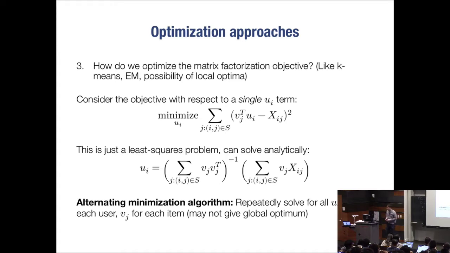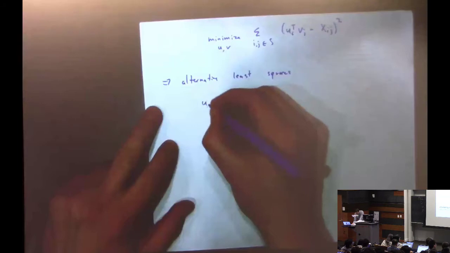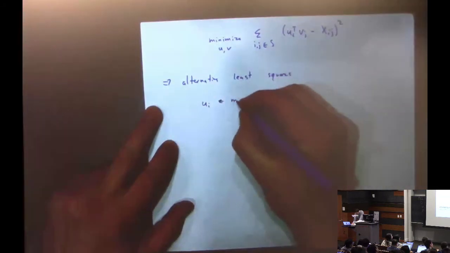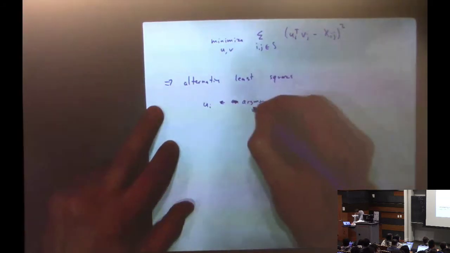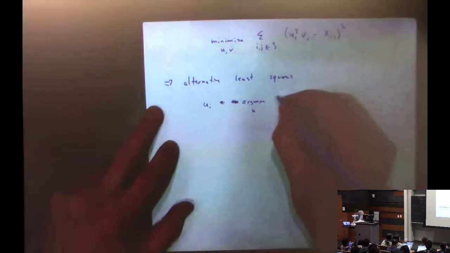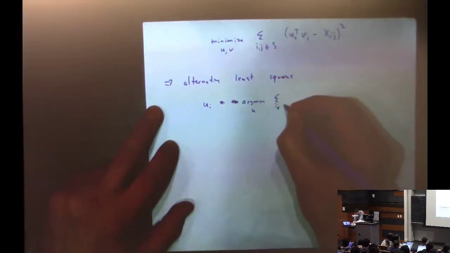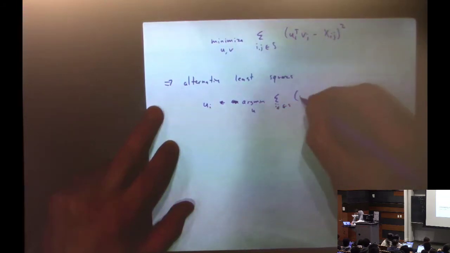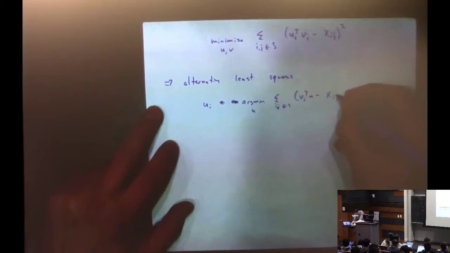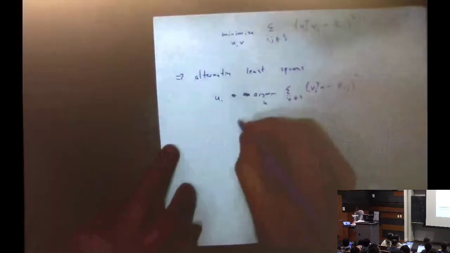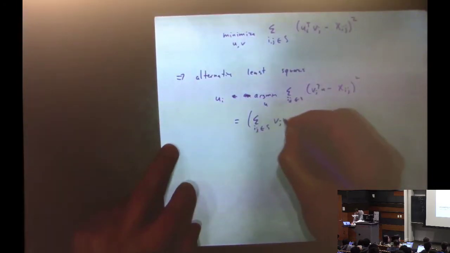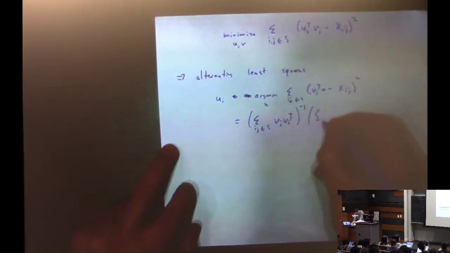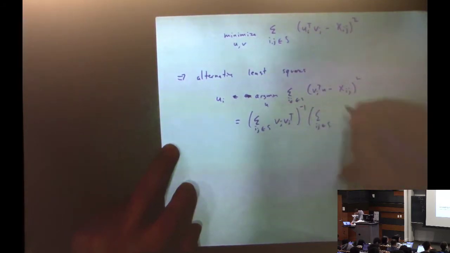So the idea here is we first set ui to be the argument that minimizes over u the sum over all ij in S of (vj transpose u minus xij) squared, which is equal to this thing here: the inverse of the sum over all ij in S of vj vj transpose, times the sum over all ij in S of vj xij.